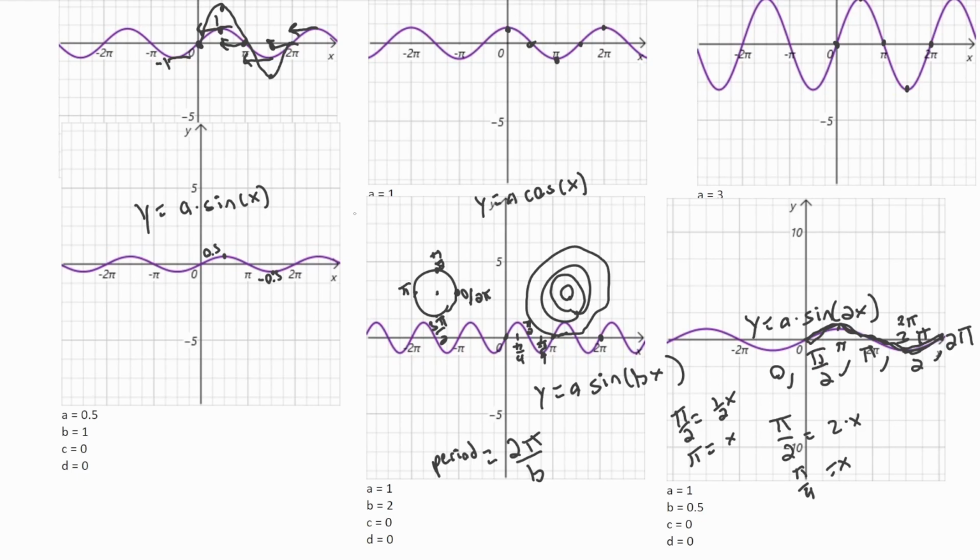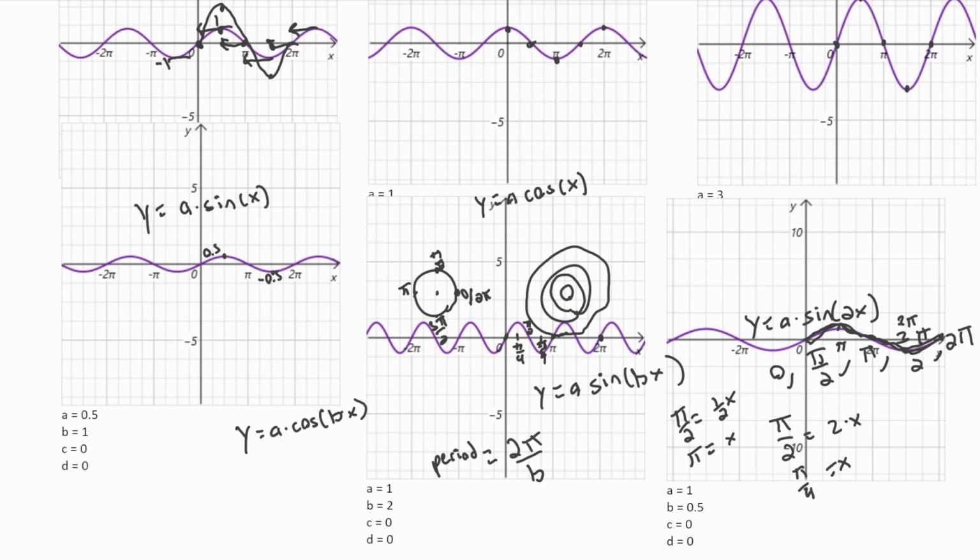So whatever our b value is, in y equals a times the cosine of bx, this b is essentially going to determine how quickly we get through our circle.